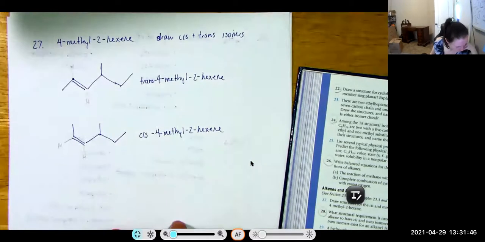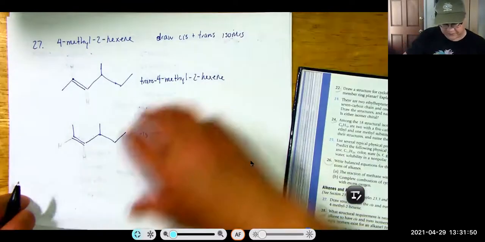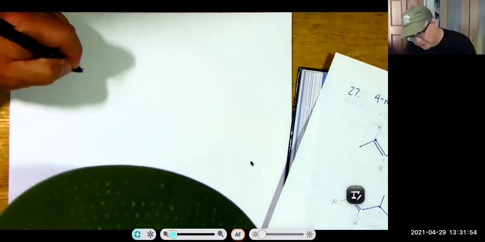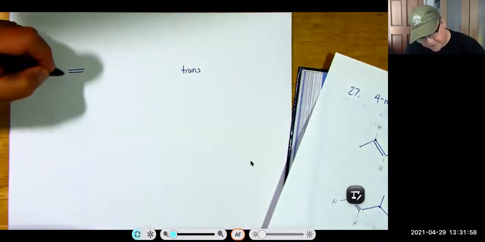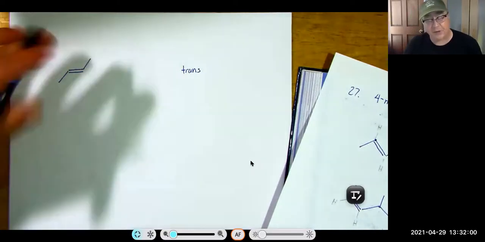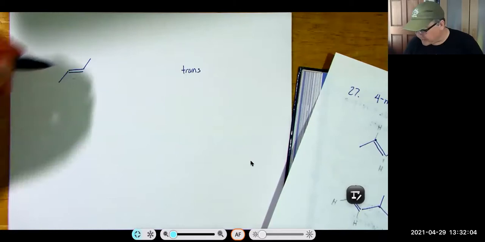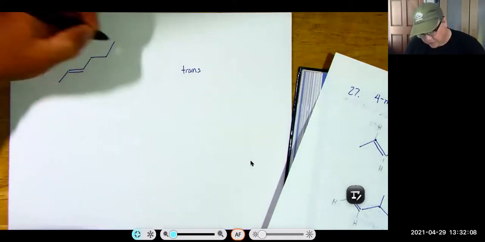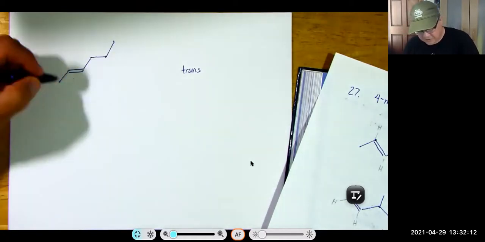Now, another way to draw these is as follows, just so that you have multiple ways of doing it. You could do this, and let's focus on the trans. So we do this, and that ensures that it's trans. Then what do we do with the rest of this? We just continue it. 1, 2, 3, 4, 5, 6. And then here is the 2, 3, 4.